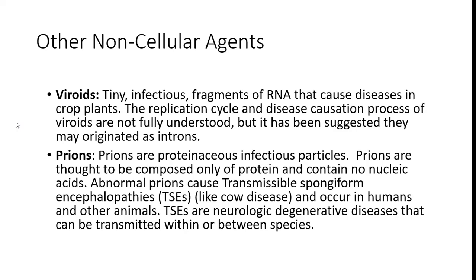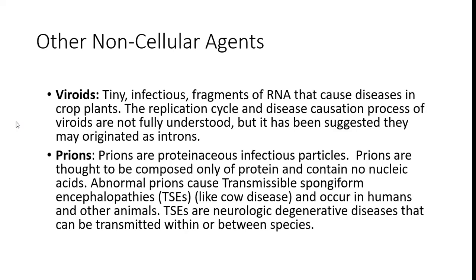Remember, virion is the term for the virus that is outside of a cell. This is a viroid. In the case of viroids, it's fragments of RNA that can get into the replication process, and generally it's plants that have problems with this. They can cause plants to become diseased and die.